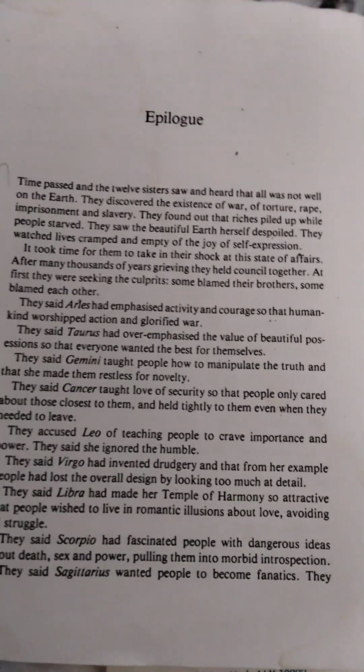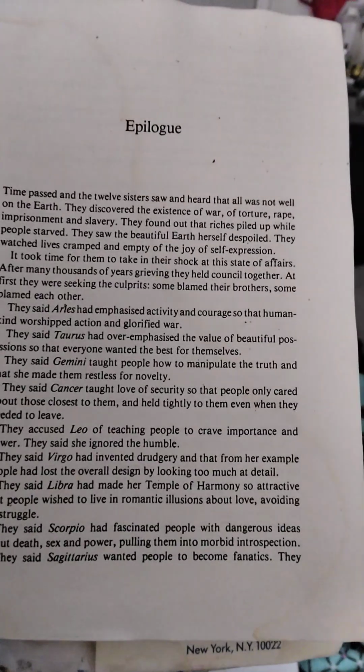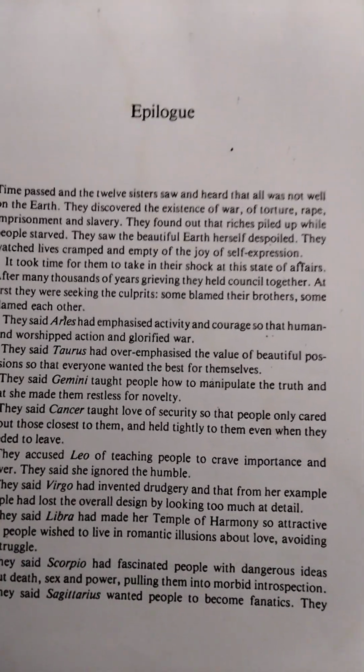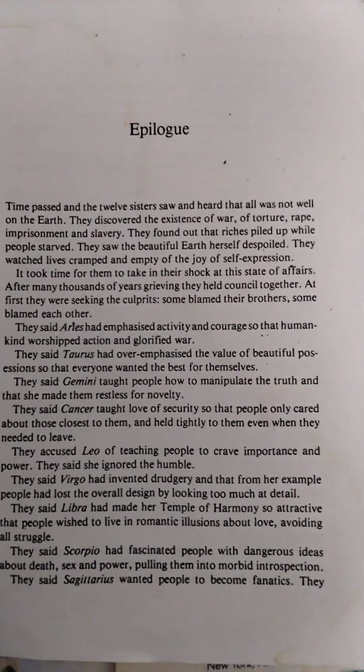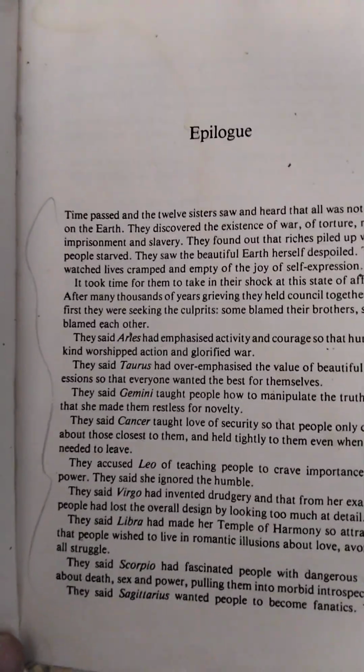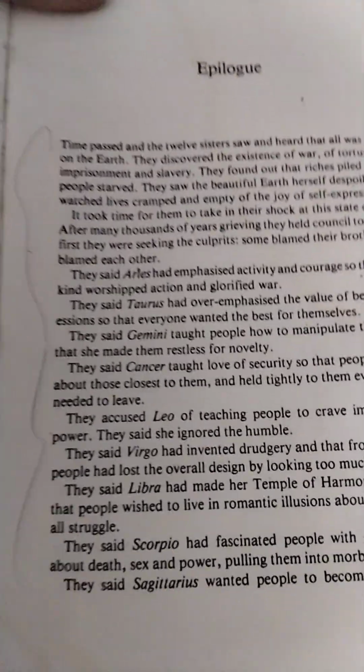They said Cancer taught love and security, so that people only cared about the closest people to them, their family, and tribalism in a way. They held tightly to them even when they needed to leave. So again, hoarding, overprotective, family drama, that's all Cancer, childhood trauma, stuff like that.